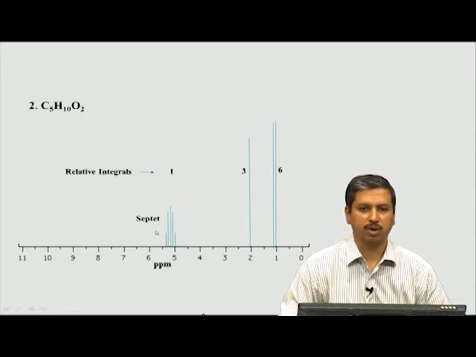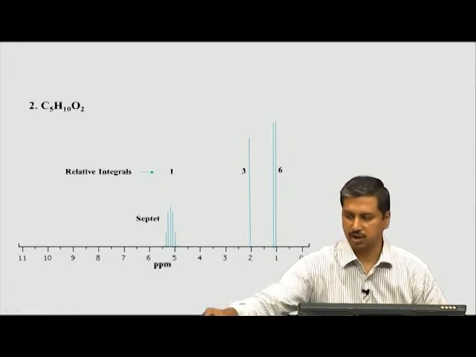If you remember Pascal's or the n plus 1 rule, a single proton showing a septet means it is coupled to 6 hydrogens. Now, 6 hydrogens are only possible if there are 2 methyl groups, CH3 and CH3.